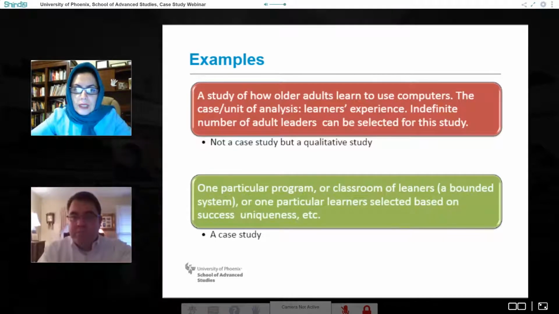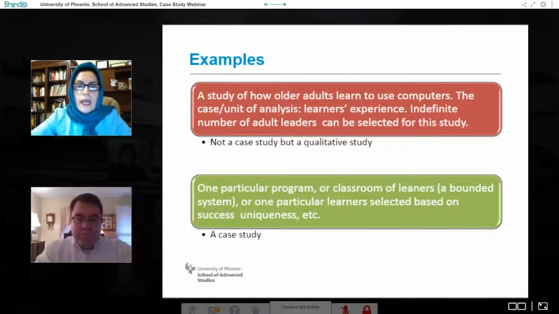David, can we go to the next? Okay, so this is the example that I added to make it more clear. For example, if you are going to have a study on how older adults learn to use computers, the unit of analysis or the case here is the learner's experience, right?